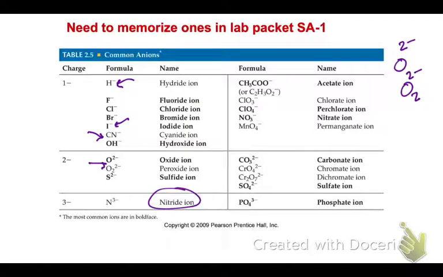Nitride ion, and there are some polyatomic ions that have -1 charge, like the acetate, chlorate, perchlorate, nitrate, permanganate. And then you have the polyatomic ions with -2 charge, like carbonate, chromate, dichromate, sulfate, and then a polyatomic ion with -3 like phosphate.